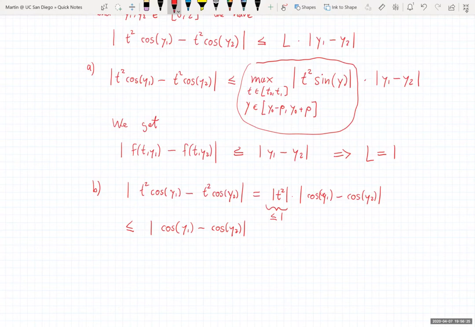And again, using the fundamental theorem of calculus, I can find that this is bounded from above by the absolute value of the integral from y1 to y2 of minus sine of s ds.